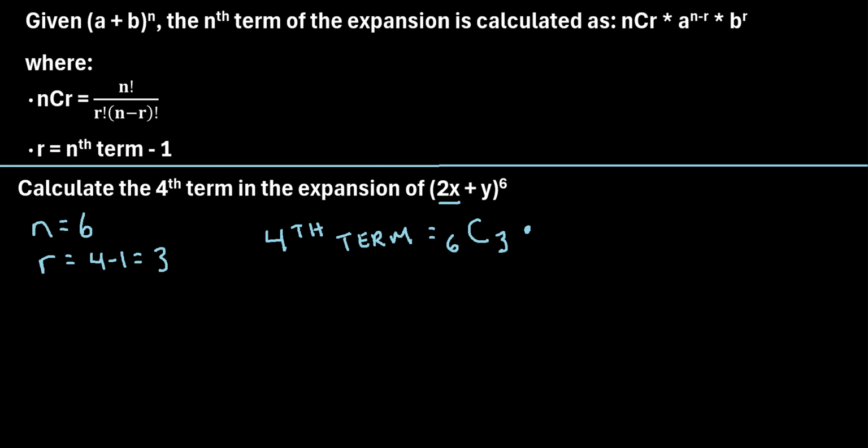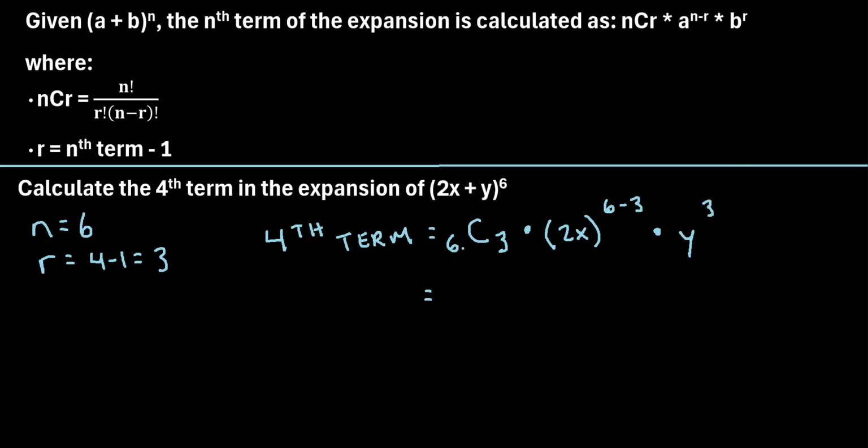In this case, a is 2x. So we'll say times 2x to the power of n minus r, so 6 minus 3. And then we have that multiplied by b, so b is the second term in the binomial, so that's y in this case, so times y to the power of r. So r we said was 3.